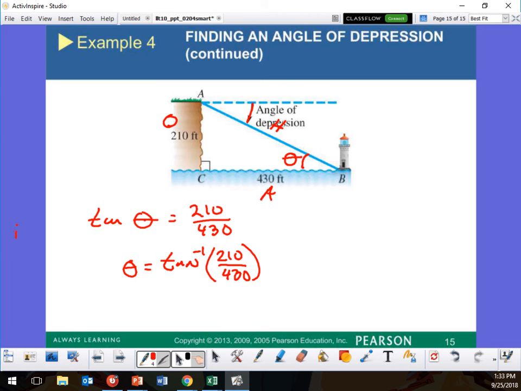And this is where we try to plug it in the calculator to get this. 26.0?